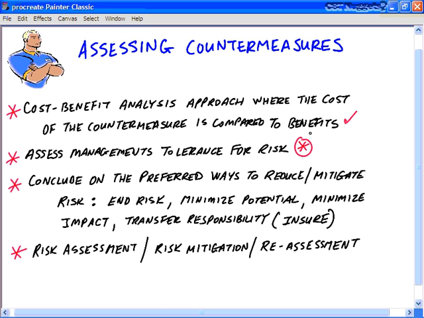Then you'll need to come down on the side of some preferred ways to reduce the risk or mitigate against the risk. You may decide, you know what, we're going to end the risk altogether. We'll use, for an example, denial of service attacks and other external internet attacks against the perimeter of your network.